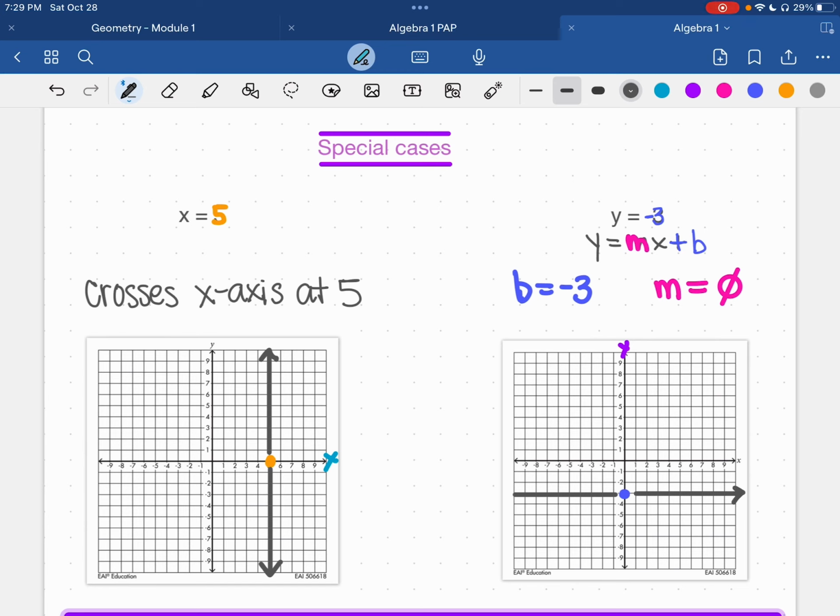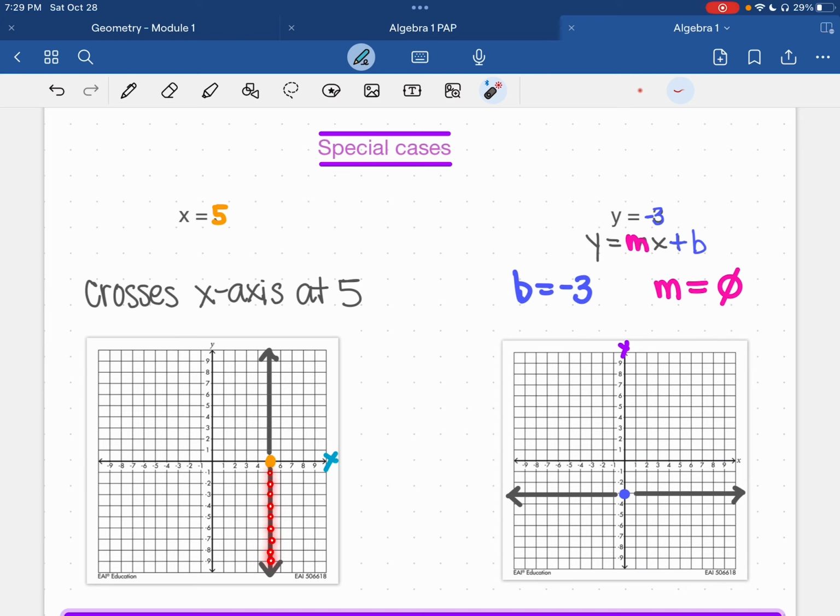Notice these two graphs are very similar to one another. The first one is x equals, and it touches the x-axis at the point 5 and goes vertically up and down, the opposite direction away from that x. We want all the x's to be 5. All the x's of the point are 5 going up and going in a downward direction.